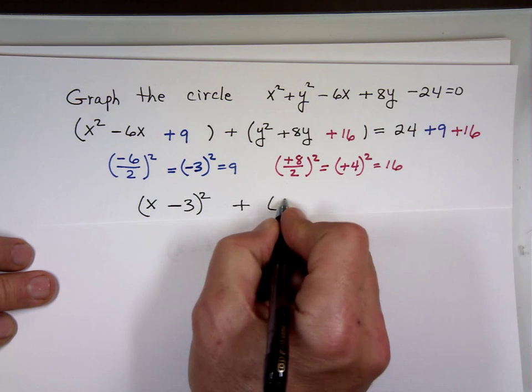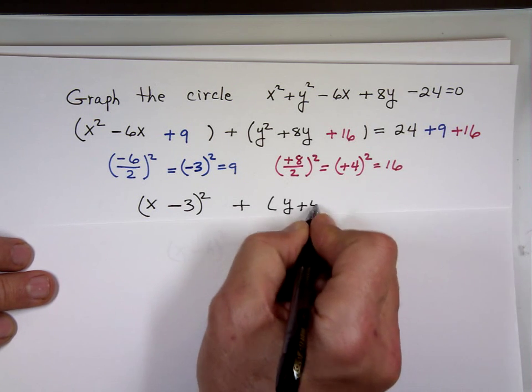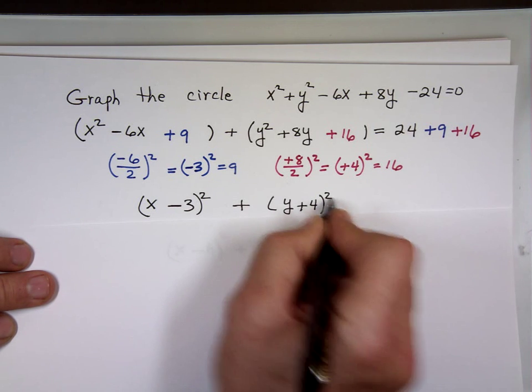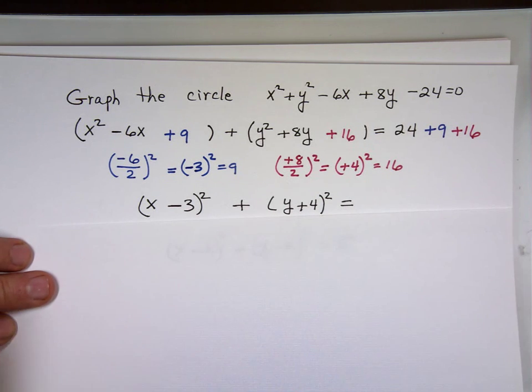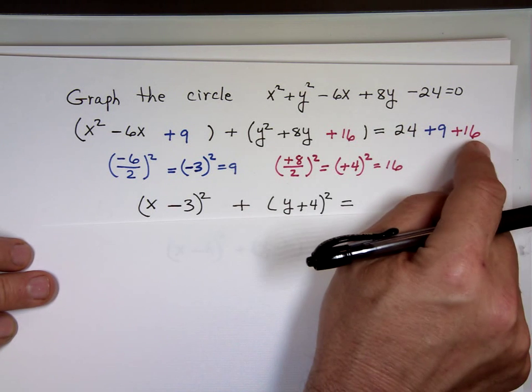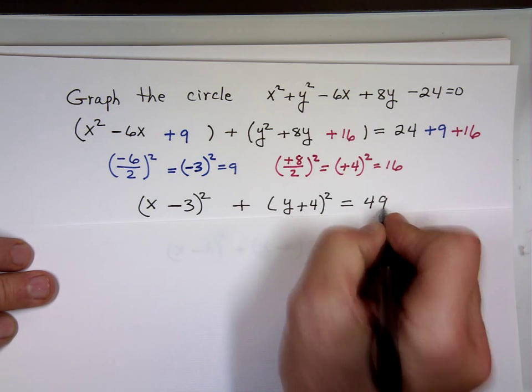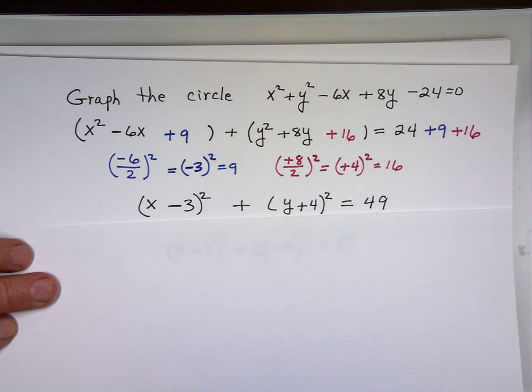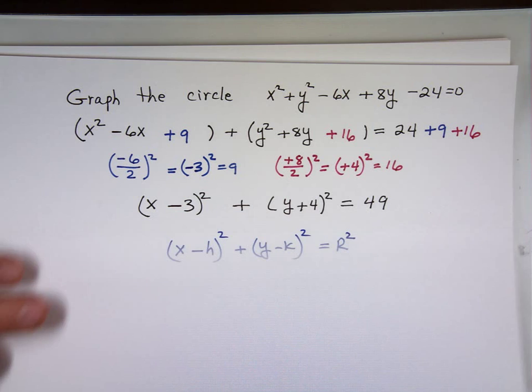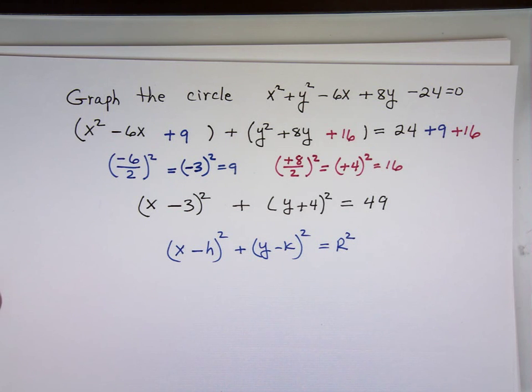Y plus 4 times y plus 4. 24, 16, and 9, that's 49. Now can I graph it? I'm close to that form.